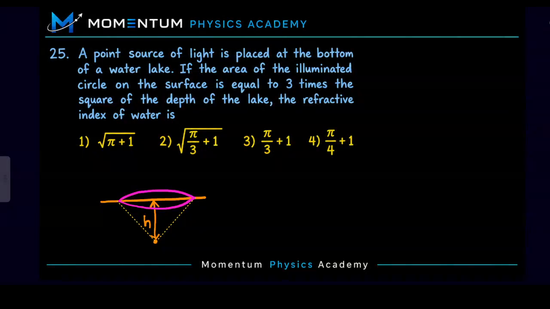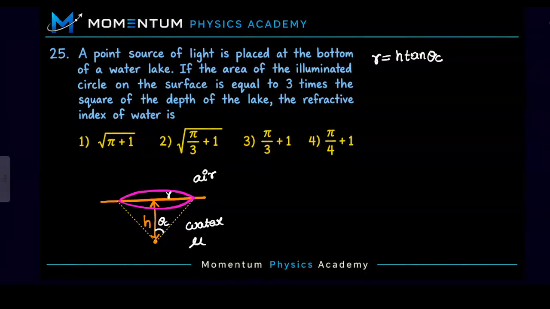and this radius is r, and this angle is theta c. So this medium we will consider as air, and this is the water. So this refractive index is mu. So the relation we know now, first of all, is R is equal to H tan theta c. And what they given now, the area, so that means pi r square.